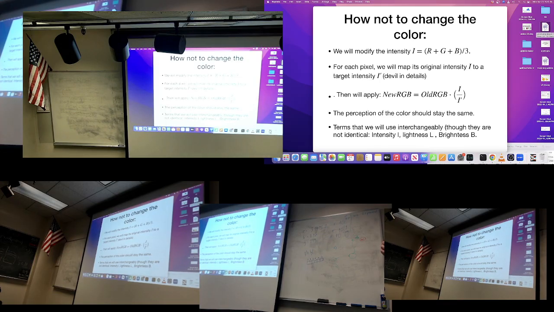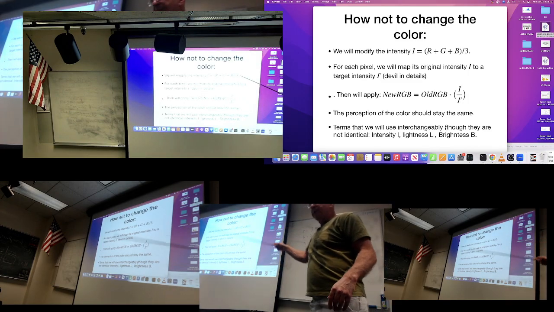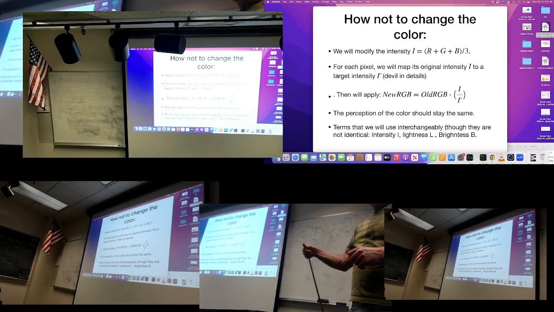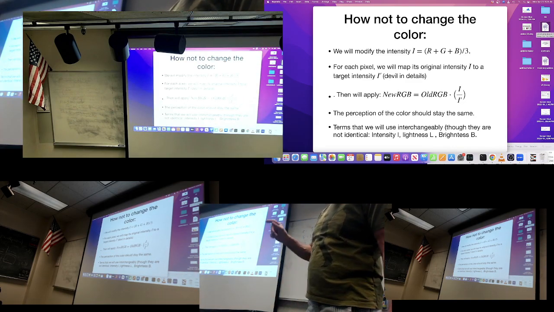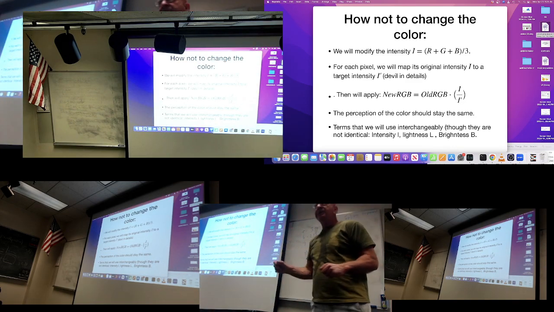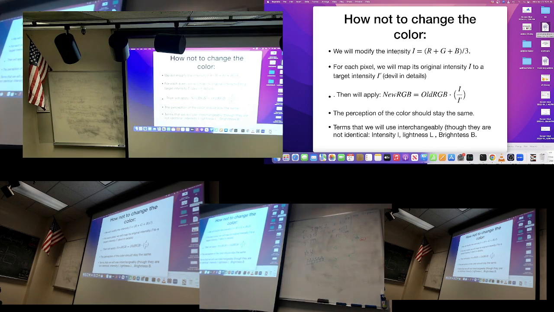I and I prime. So in this algorithm, you are taking RGB values, computing their intensity, deciding what the new intensity is, and changing linearly, that is, multiplying the RGB values by a constant, the ratio of the new versus the old.